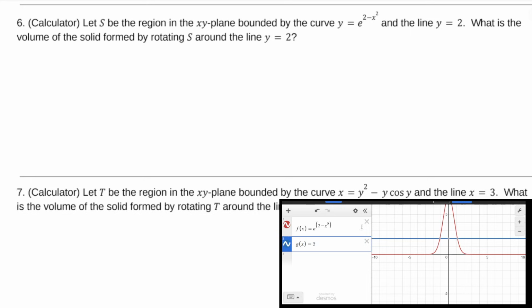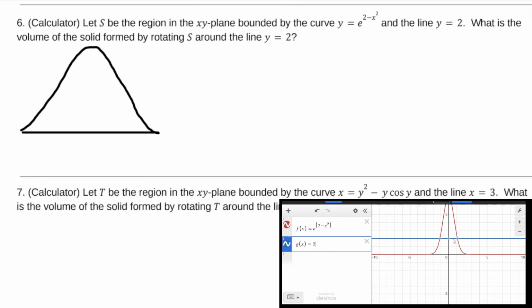Okay, we're going to rotate S, which is going to be this region right here, around the horizontal line y equals 2. So I'm going to draw a picture of this. That's the whole point. We're doing disks right now. And it looks about like that.